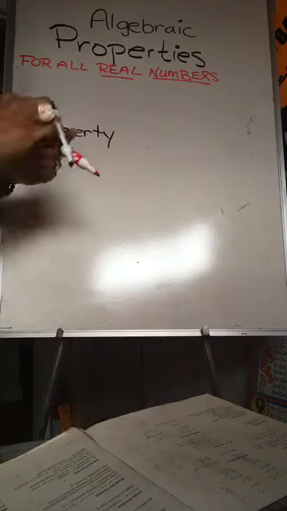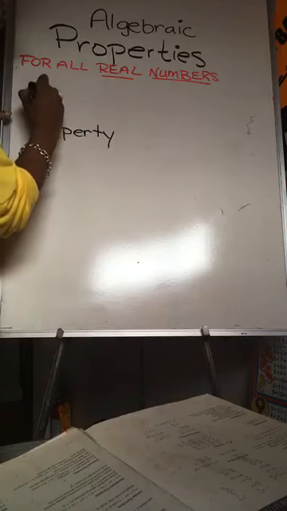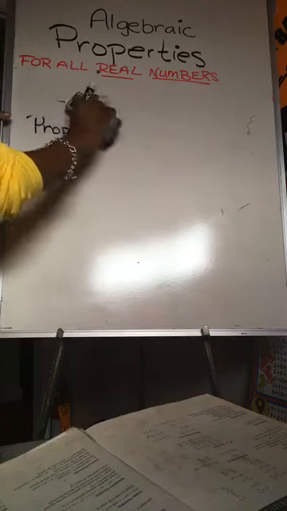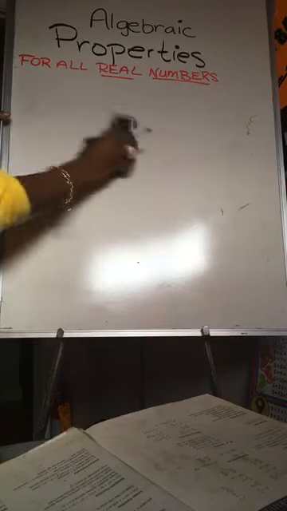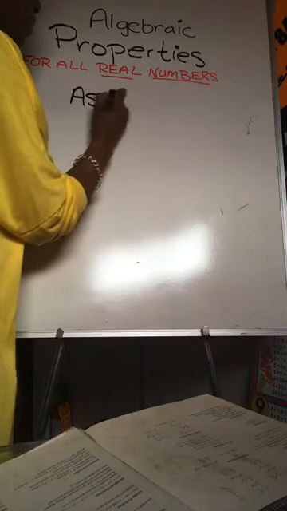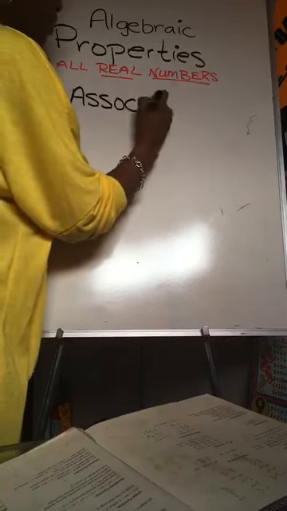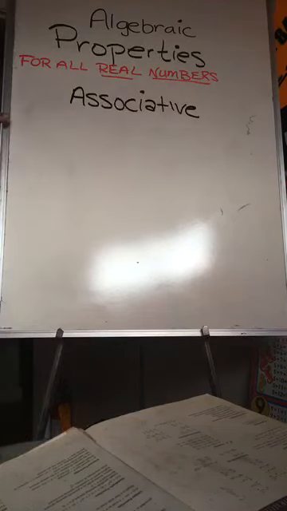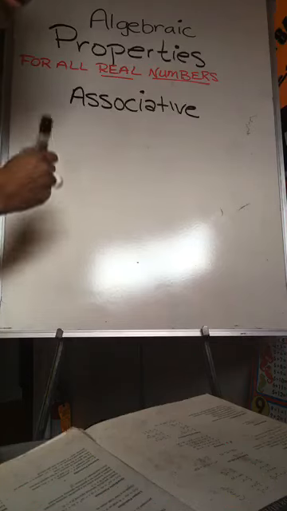Okay, our next property is called associative. I want to write it neatly for you. Associative. This is the associative property. Okay, what does that look like?